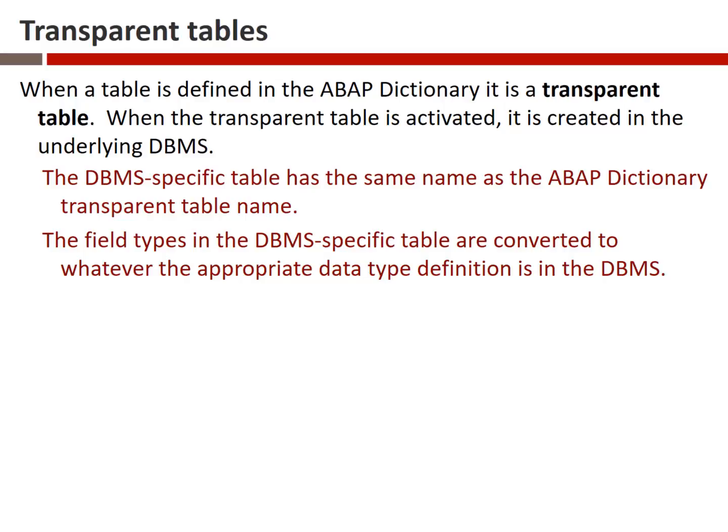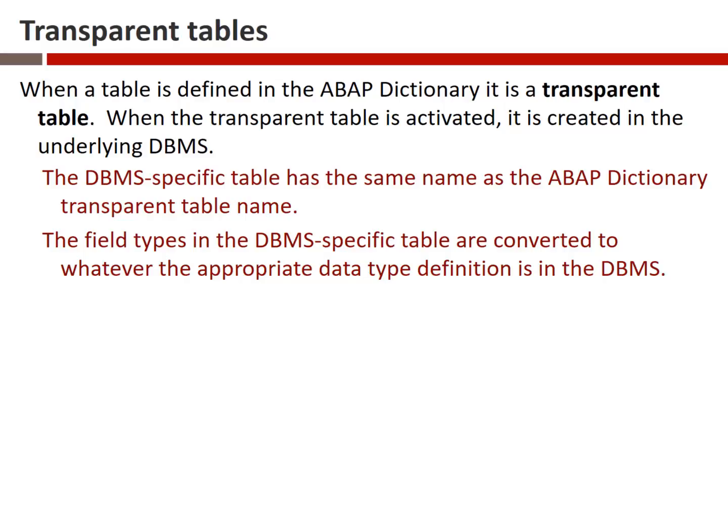The field types in the database-specific table are converted to whatever the appropriate data type definition is for that particular database. So if we go in and we use a domain to limit values, and we apply a very specific data type to one of our fields.